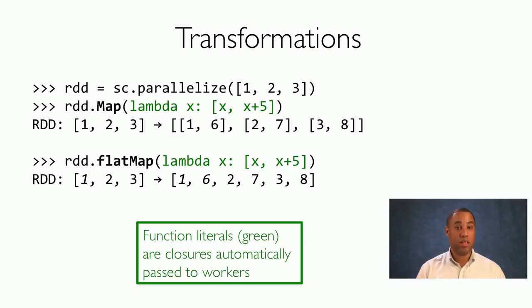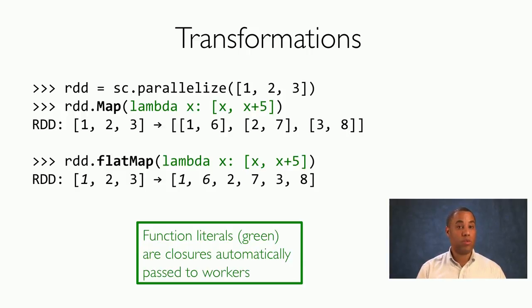So this takes that RDD that was 1, 2, 3 and creates a new RDD where each element of the RDD is a list. So we have now the first element of the RDD is 1 and 6, the second element is 2 and 7, and the third element is a list of 3 and 8.